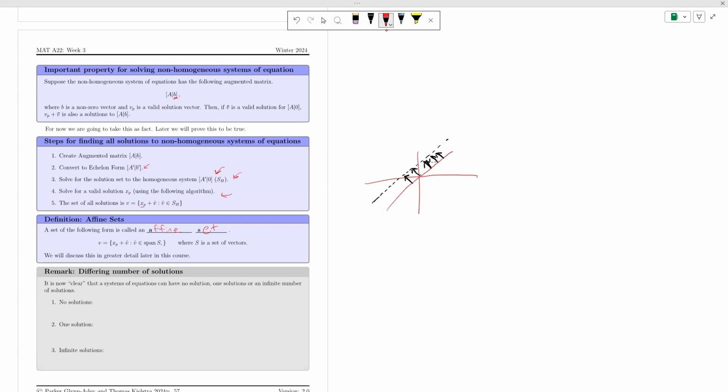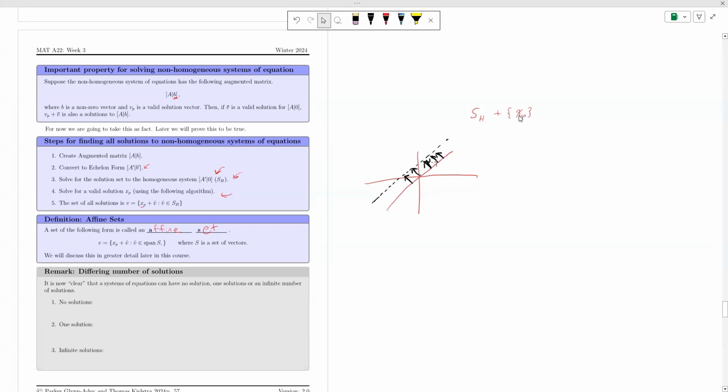It's a subspace SH, which is our homogeneous portion, plus the set containing our particular solution. We take the sum of those sets, and that gives us our affine set, which is our solution set for the particular. Now that we have the particular, we're solving for a single vector.